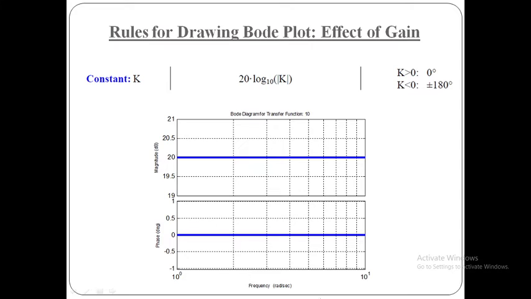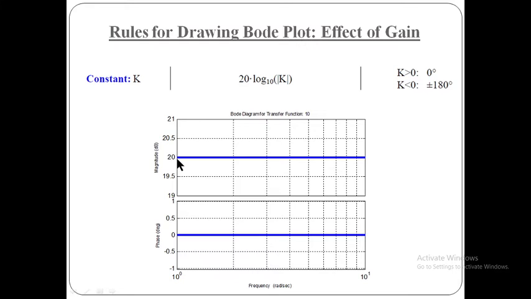So here we have some rules to draw this Bode plot. On this first condition, when we have a constant k, we have a simple transfer function whose magnitude is equal to 20 log base 10 of k. At that time, how will the Bode plot be constructed?